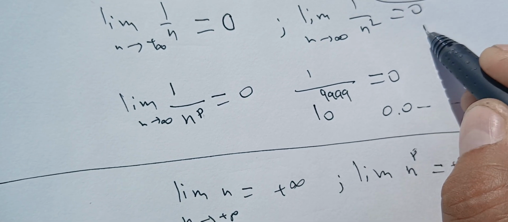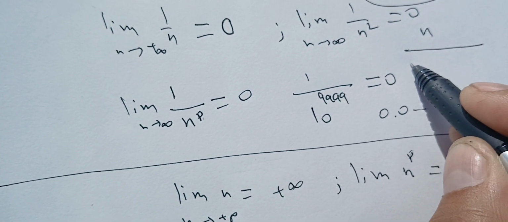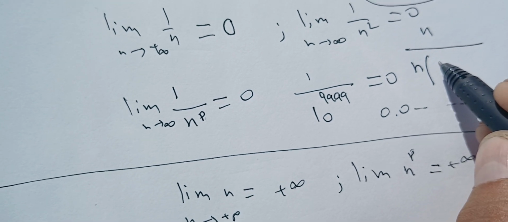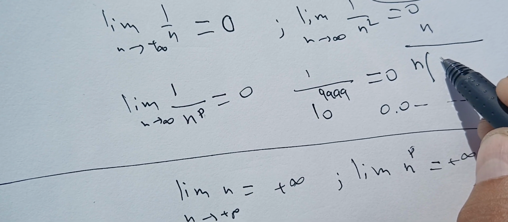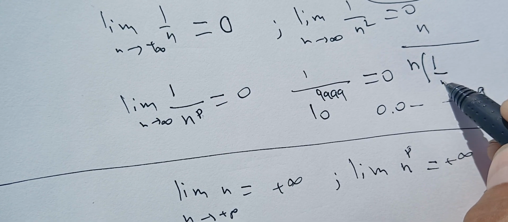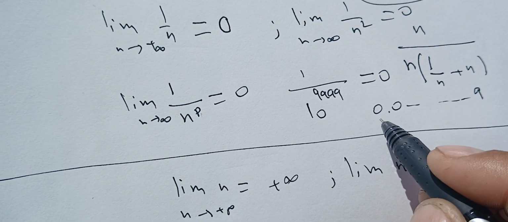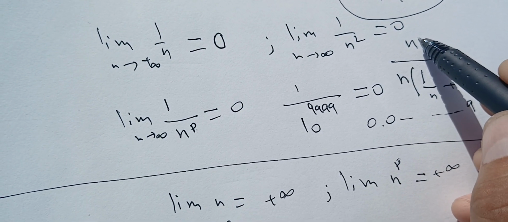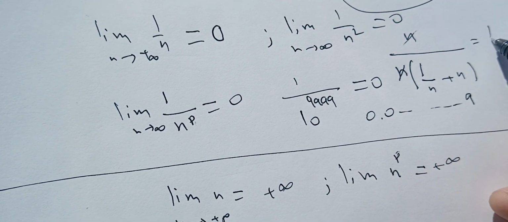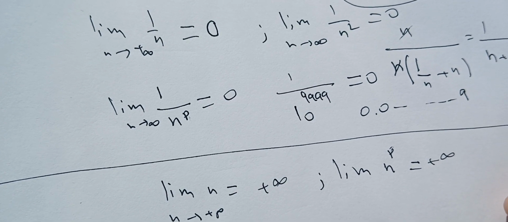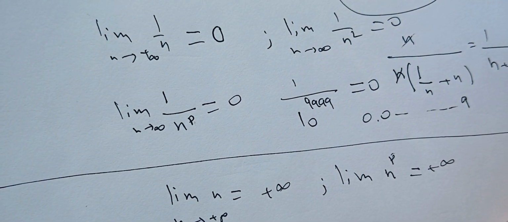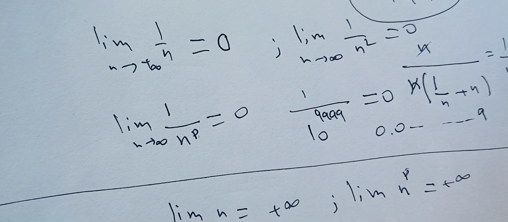Here we have n over 1 plus n squared; we factor by n and cancel by n, since n is a positive number, to get 1 over n over 1 over n plus n.